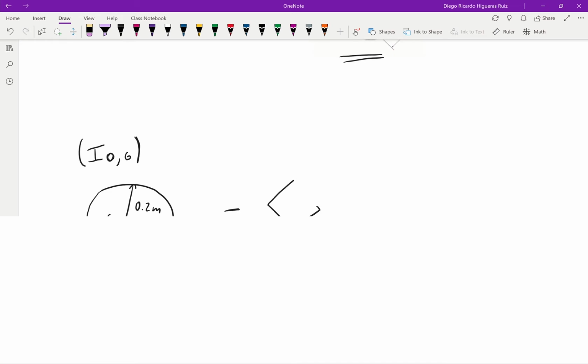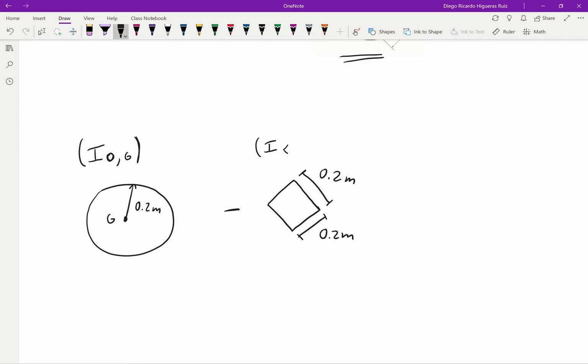So this square with sides of 0.2 meters, that's gonna be the mass moment of inertia of this shape respect the center of mass, which is G as well.